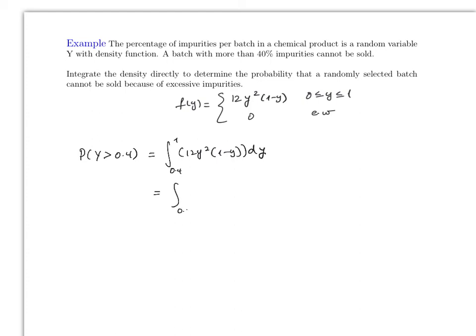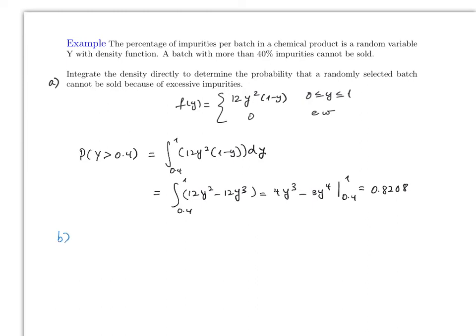And then this is a very easy integral, so this is 12y squared minus 12y cubed. So you integrate, you get 4y cubed minus 3y to the 4 from 0.4 to 1, and you can check that this is 0.8208. All right, so we call this part A.